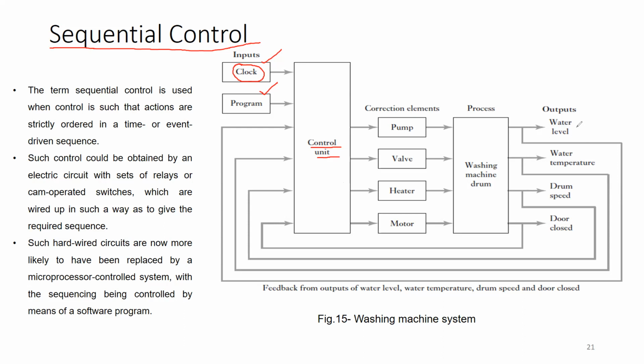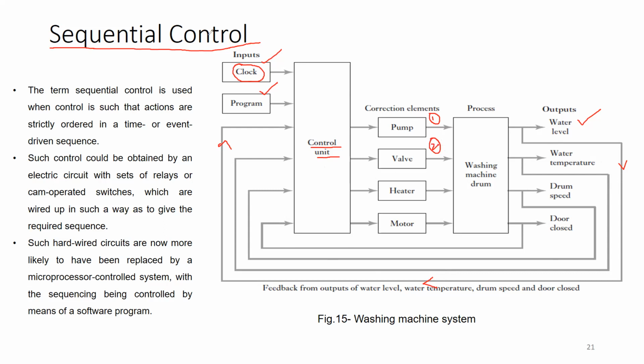When the output value over here will become equal to the reference value for that sequence of operation, like for the pump, which is the first sequence. जब आपकी पंप के लिए इंस्ट्रक्शन जो प्रोग्राम में दी आपने वो आउटपुट पे कंप्लीट हो गई, input and output become equal, and there was no error signal or different signal generated from the feedback coming from this side. Then the second sequence, that is the valve opening or closing, will be implemented.